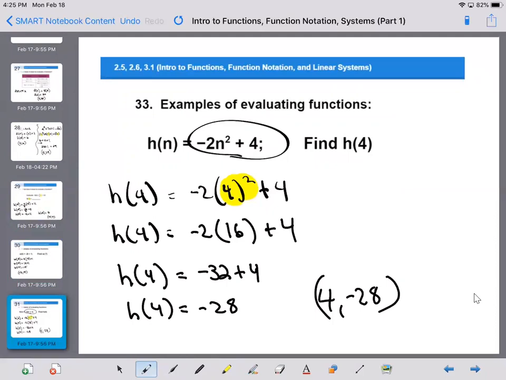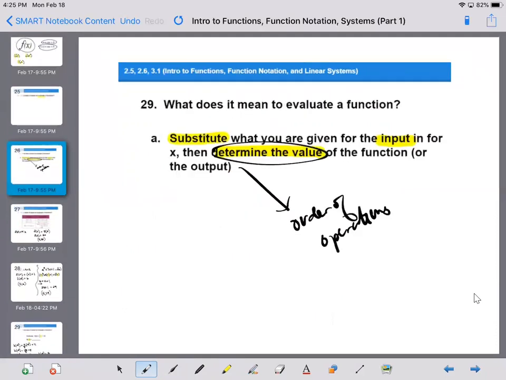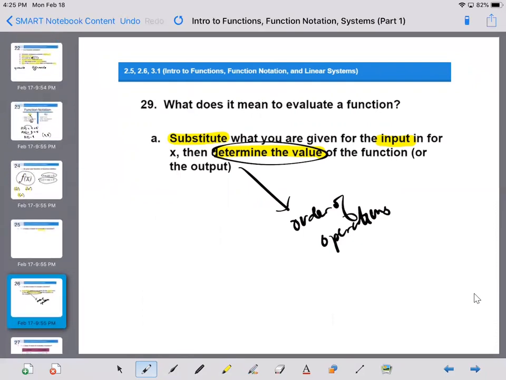So those are just some examples of working backwards now and review of how you would evaluate an expression using function notation, which we said is just substituting the x values in and then determining the y values using the order of operations.